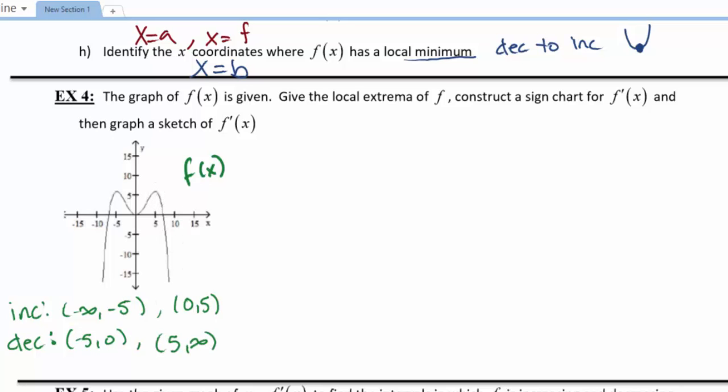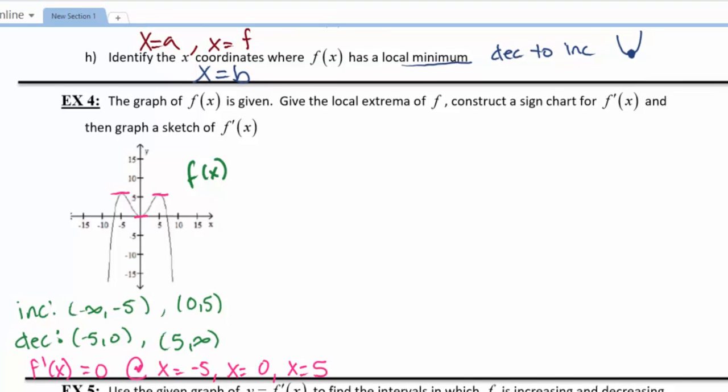I also know that it has a horizontal tangent at negative 5, at 0, and at positive 5, which means that f prime of x is equal to 0 at x equals negative 5, x equals 0, and x equals positive 5. Because remember, you have a horizontal tangent at the value of c where f prime of c is equal to 0.